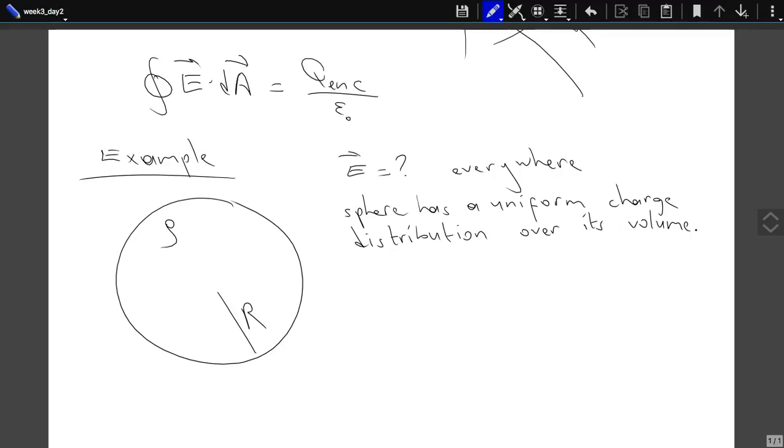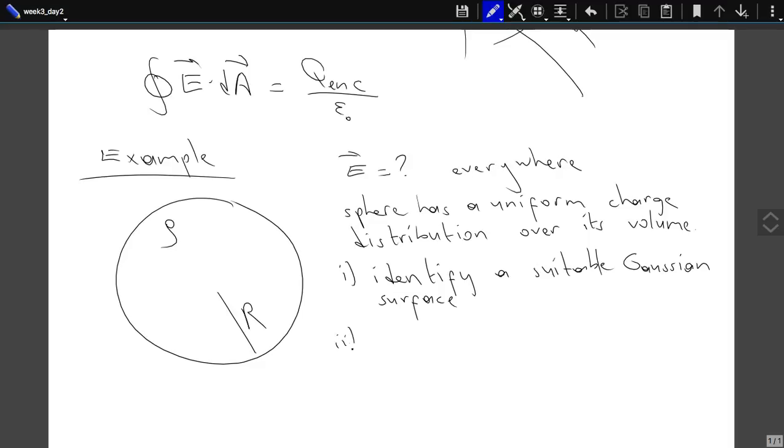Now, in the application of Gauss' law, remember there are two steps. One, identify a suitable Gaussian surface. That is our first task. What kind of a Gauss surface we can use and why.